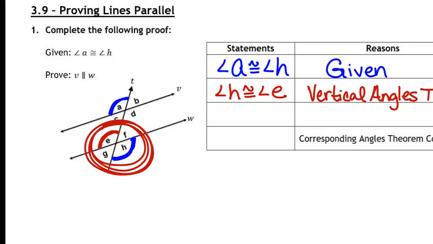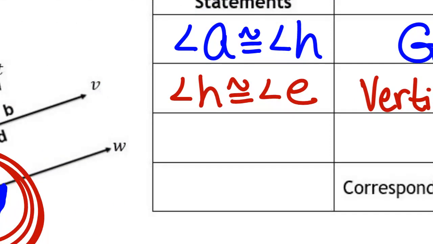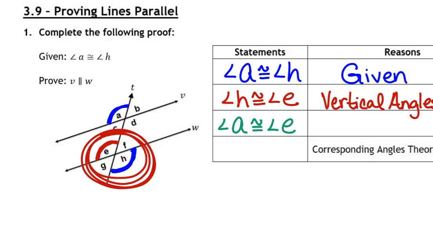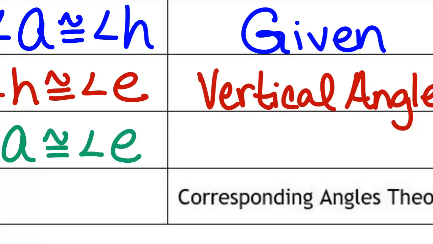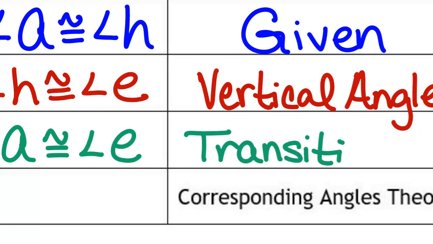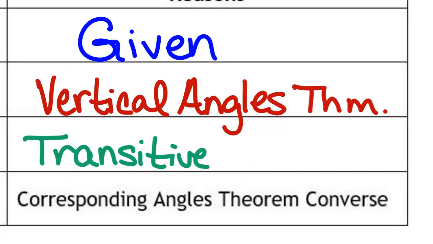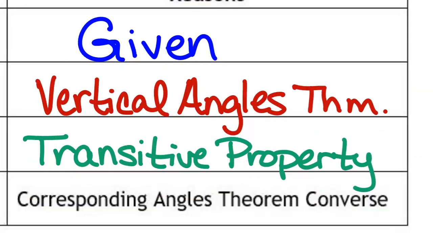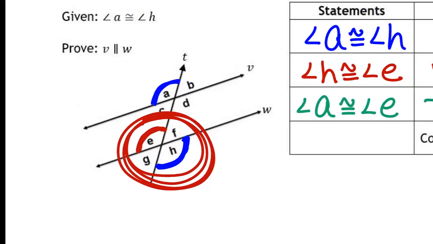Close, not equal. Congruent, yes. Angle A is congruent to angle E. What are we using to be able to say that? Be careful. Transitive property. That is my transitive property.